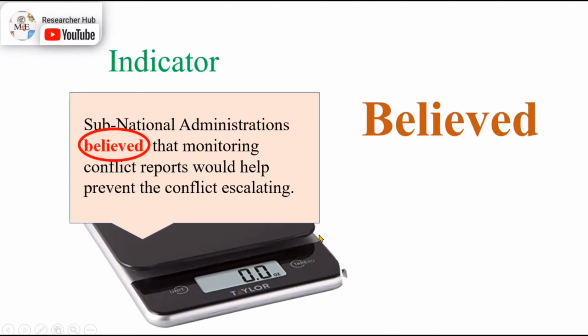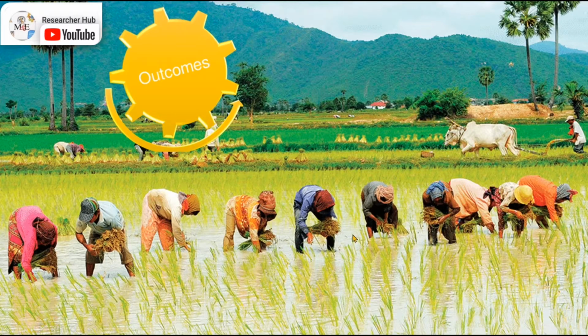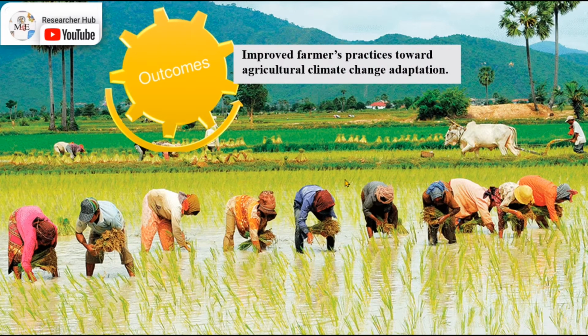So when you are using this type of indicator, it is called a qualitative indicator. Another example, this is an outcome statement: improve farmers' practice toward agricultural climate change adaptation. So this project would like to see the improvement of farmers' practice toward agricultural climate change adaptation.